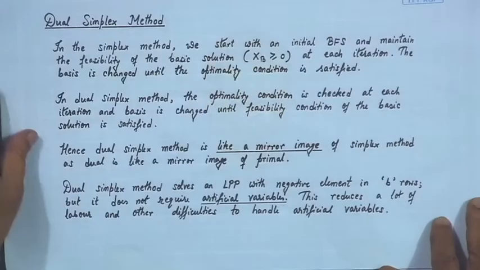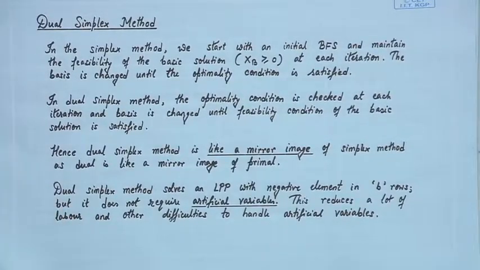In the simplex method, we start with the initial basic feasible solution and maintain the feasibility of the basic solution, that is x b greater than equals 0, at each iteration. If you note, we start with the initial basic feasible solution and always the basic solution is feasible. The basis is changed until the optimality condition is satisfied.